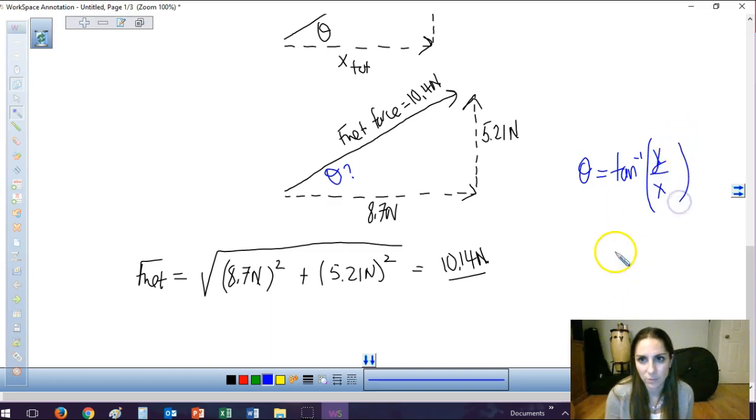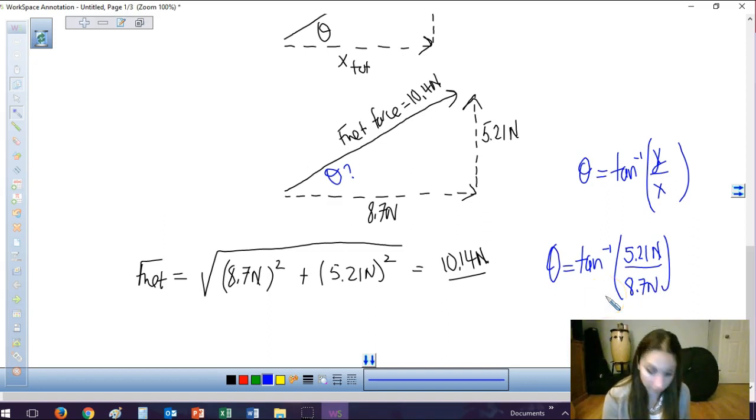So it's the y, 5.21 newtons, divided by the x: 5.21 divided by 8.7, inverse tan. The angle is 30.91 degrees.